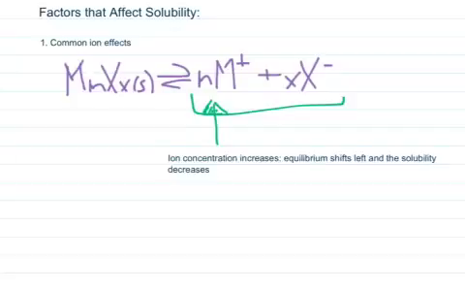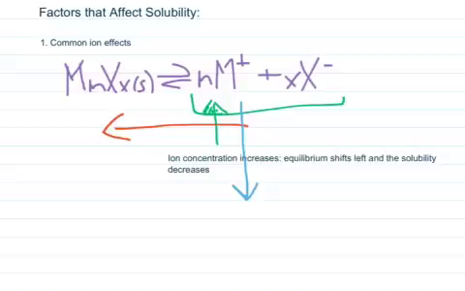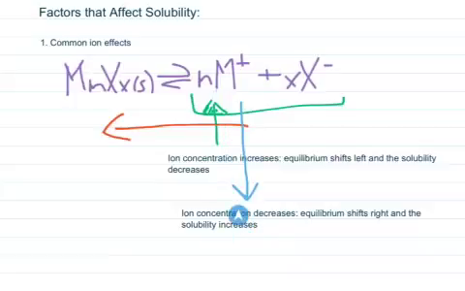The ion concentration will increase. Normally we're always focusing on one ion, the other one is normally neutral, and the equilibrium is going to shift to the left. So it's going to go this way, and the solubility is going to decrease. Well, what happens if we decrease the ion concentration? When we decrease the ion concentration, the equilibrium shifts right, and the solubility increases.